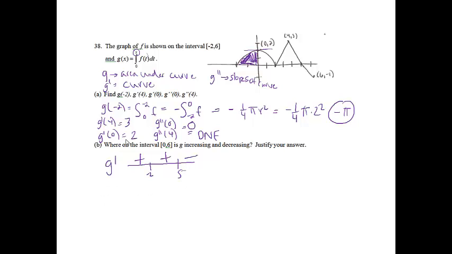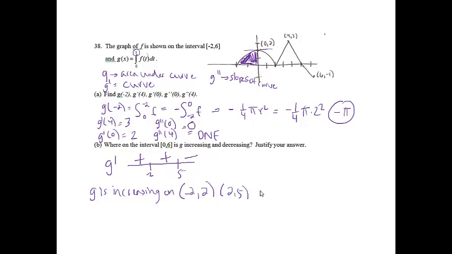So if I'm discussing where g is increasing and decreasing, I would say g is increasing on the intervals. I'm going to start at the endpoint of my interval, which happens to be negative 2, and it's going to increase until I get to 2, and then it's also going to increase from 2 to 5. Notice I split them into two separate areas because at 2, the derivative is actually undefined.